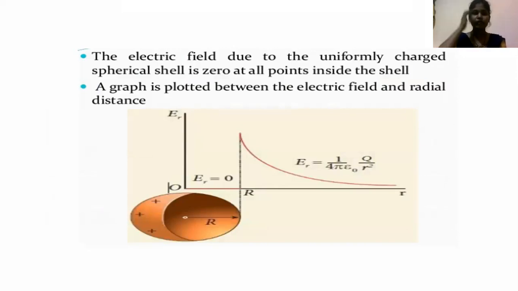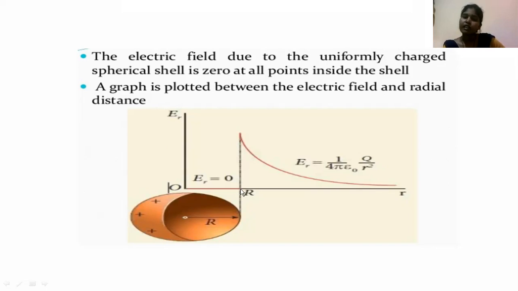And now we have drawn a graph depicting all three cases: inside, on, and outside the sphere. This graph is drawn with the distance r on the x axis, the radius of the imaginary Gaussian surface, and the electric field on the y axis.